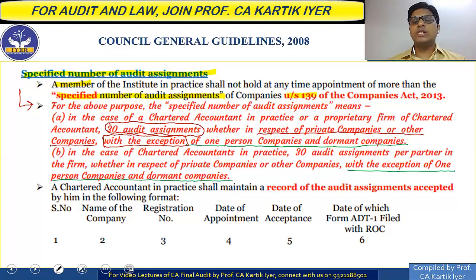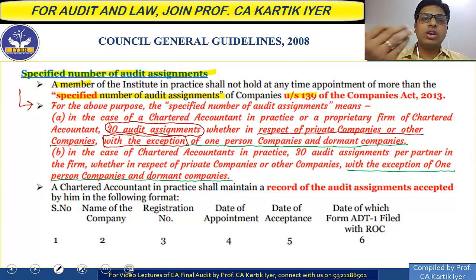So over and above that you cannot have audits. Now that number is 20. 20 is the number that the Companies Act provides here. Now 20 excludes private companies which are having less than 100 crores as paid-up capital, one-person company, dormant company, small companies. So all these are kept aside.